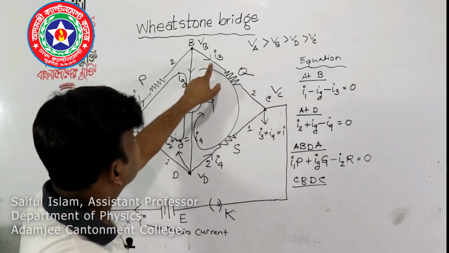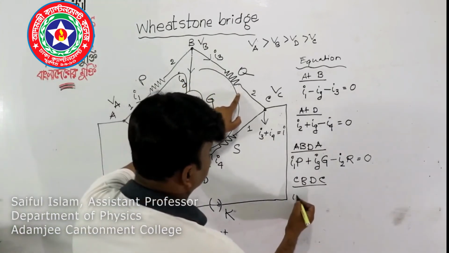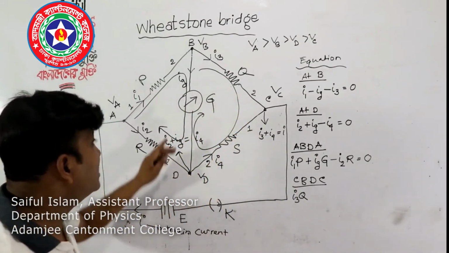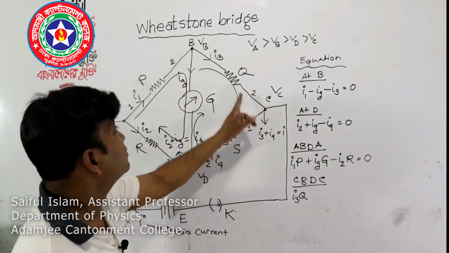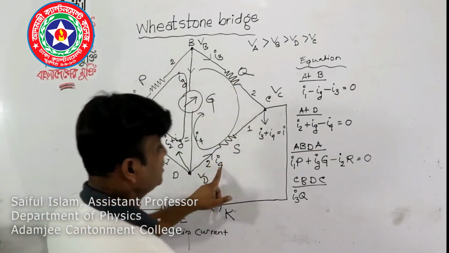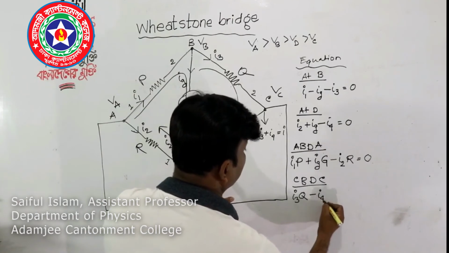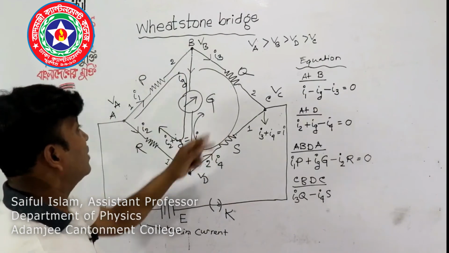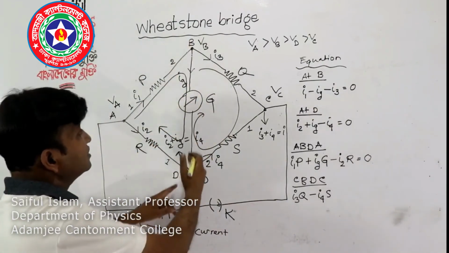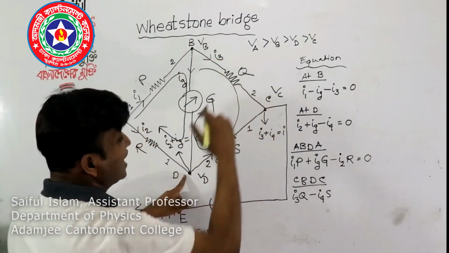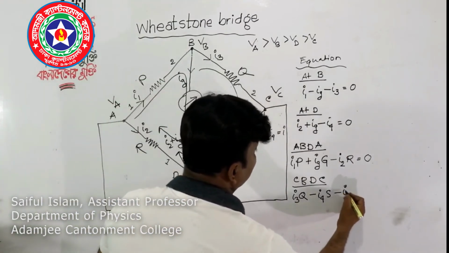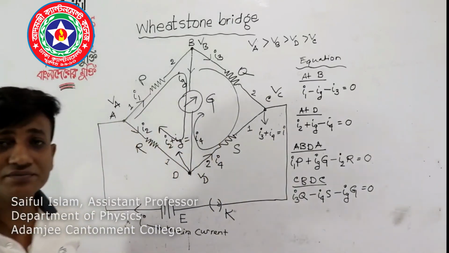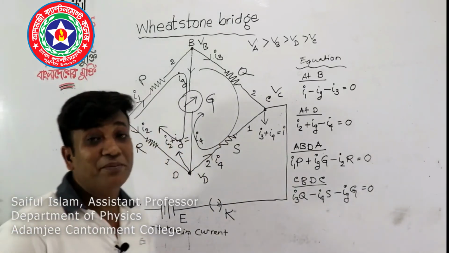So here I3 is clockwise, that's why it will be I3Q. Again, I4 is anti-clockwise, flowing opposite to I3, so it will be minus I4S. Again, Ig is flowing anti-clockwise, its direction is downward, opposite to I3. So it will also be minus IgG, equals 0.